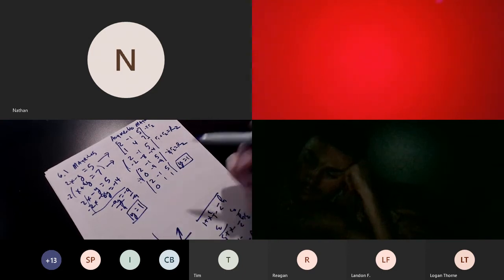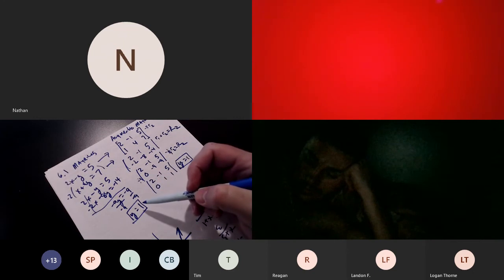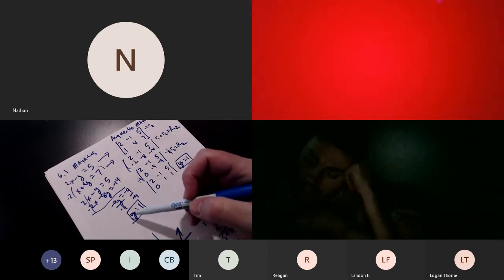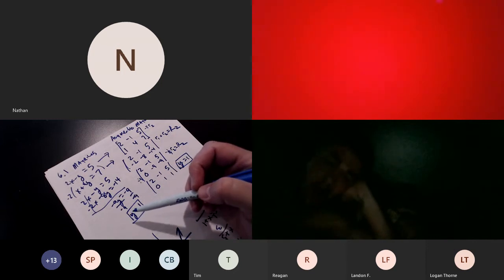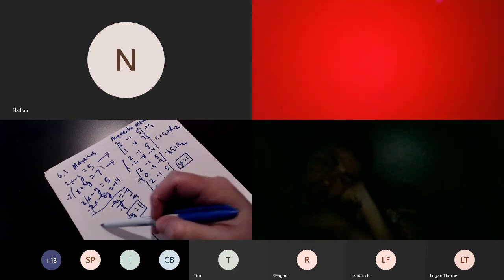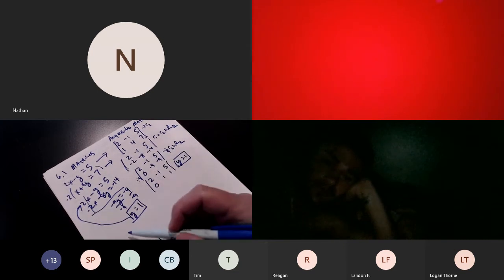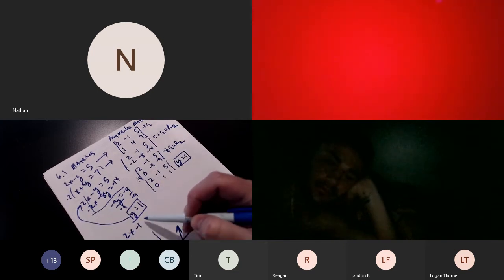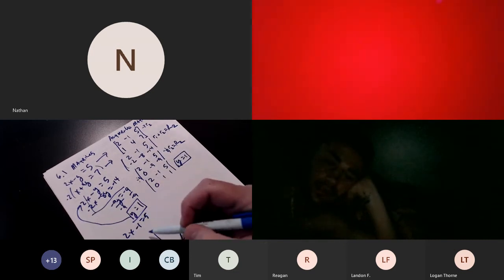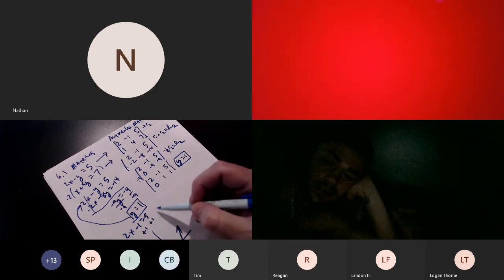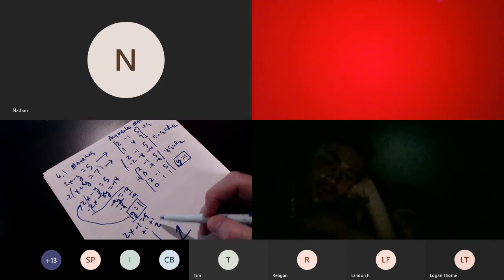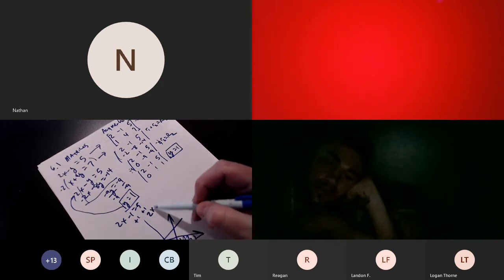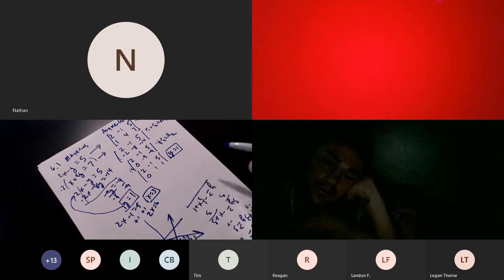Now, normally we would take this back and substitute back into either equation. We'll substitute it into the top equation here, and that gives me 2x minus 1 equals 5. I'm going to add 1, and I get 2x equals 6, so x equals 3.